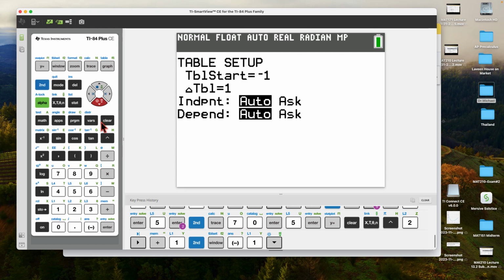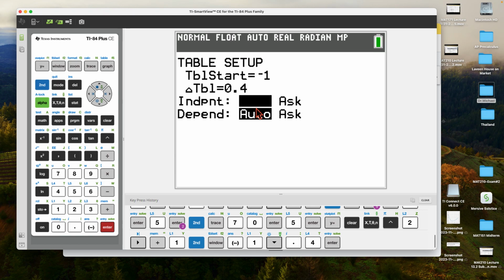How wide is each interval? 0.4, right? That was the 2 divided by 5. So we put in 0.4 here. That's the change in the table. And then we have it on auto. So the table's actually going to do all our work. We don't have to, so it's going to simplify things for us. We put the function in. We get our table set up.